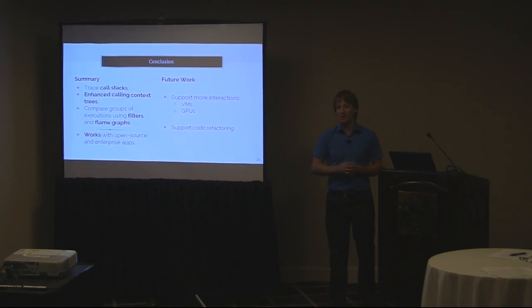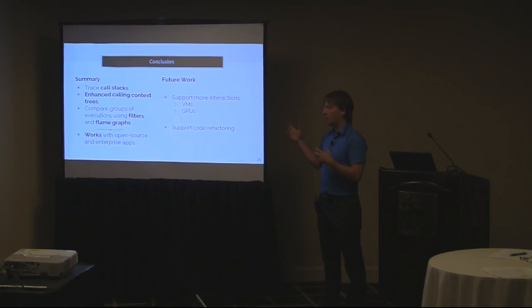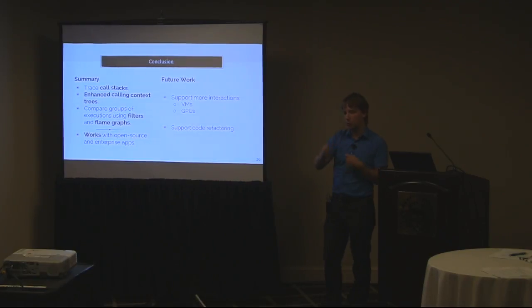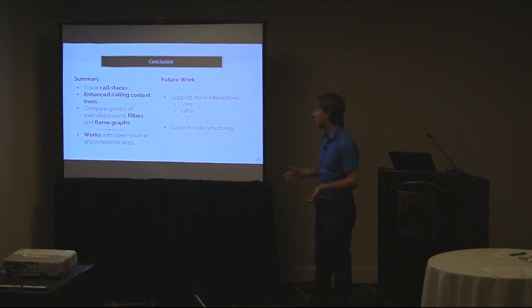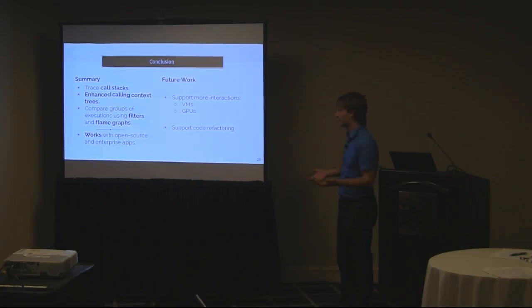What could we do in the future? Well, our critical path algorithm that we use to identify dependencies between threads works well to identify dependencies due to mutexes or network dependencies, but we could improve it to support more kinds of dependencies. For example, we could identify preemption across virtual machines running on the same physical machine, or we could include the work done on GPUs.